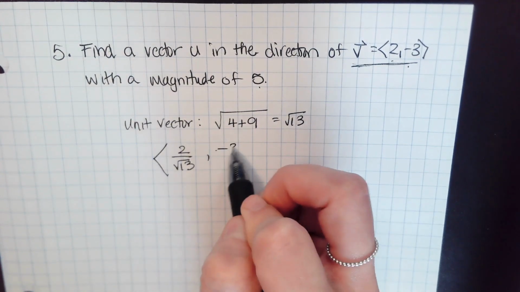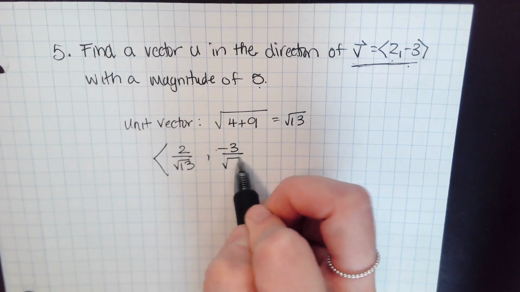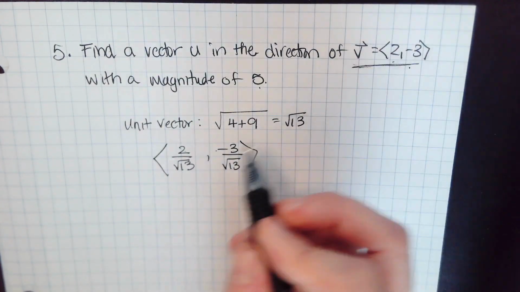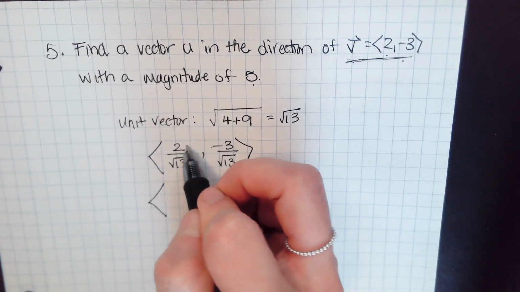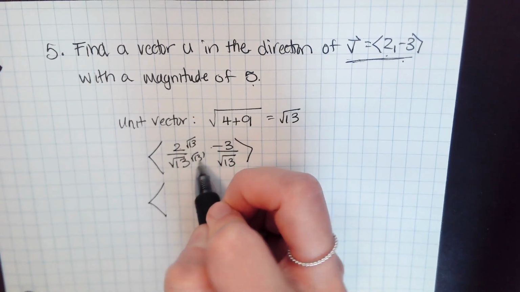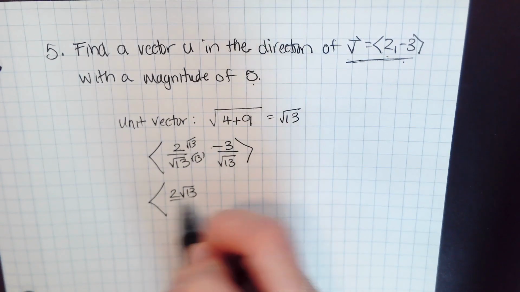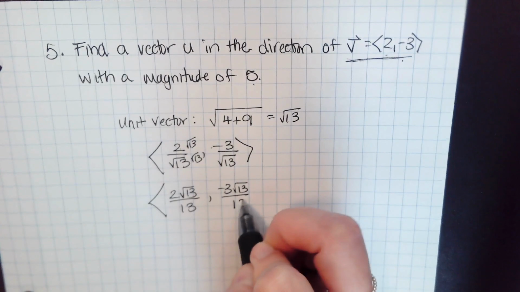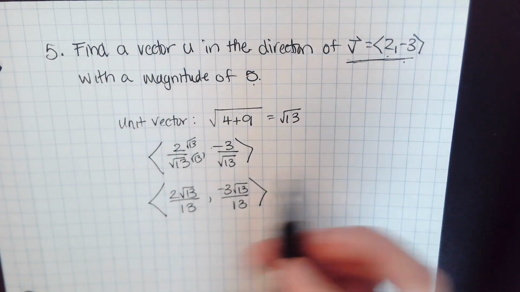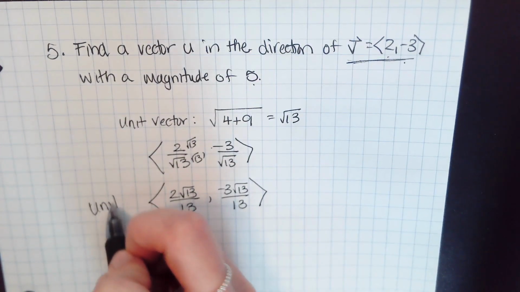So my original is 2, -3. I'm dividing them both by radical 13. I don't want to leave radicals in the denominator, so I need to rationalize that. So multiply the top and the bottom by rad 13. So 2 rad 13 over 13, and -3 rad 13 over 13.